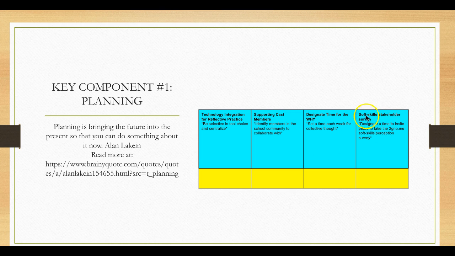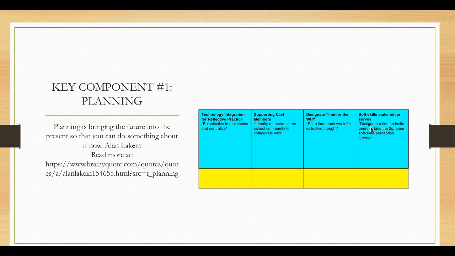Finally, your soft skills stakeholder survey. As we get to the end of our key components, we'll talk more about the soft skills stakeholder survey. You are going to have the ability to look at what your peers think that you do on a daily basis, okay?